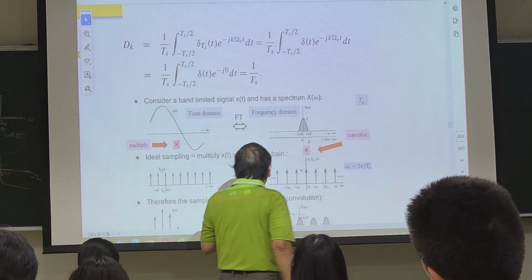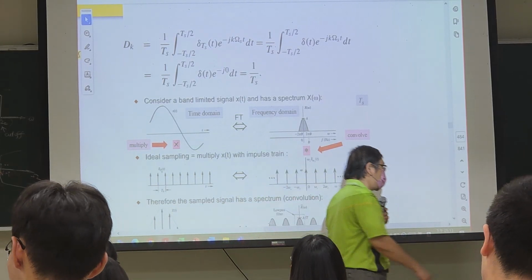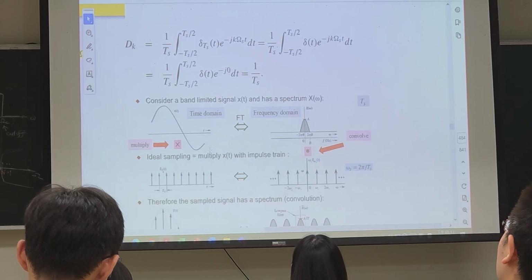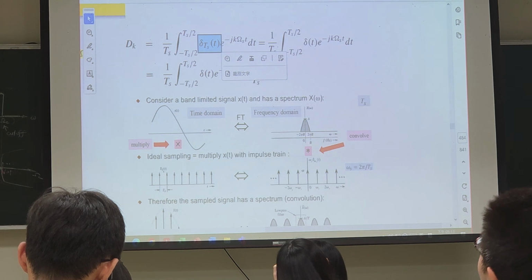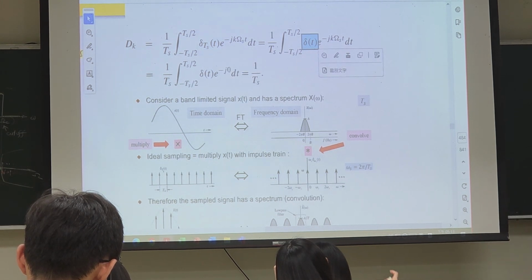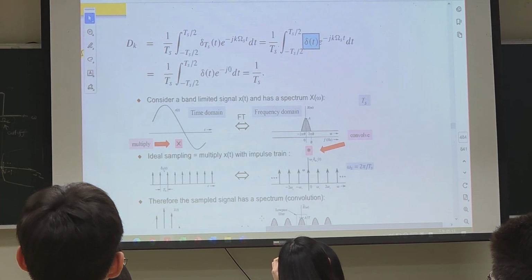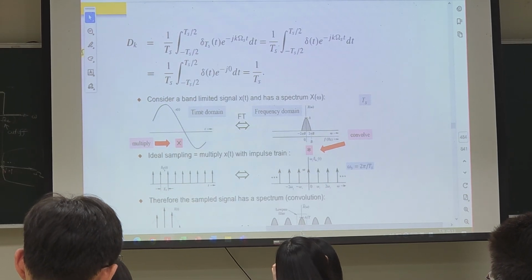Okay, so how do you find the coefficient? d k is simply an inner product of the delta function, the impulse strength. Okay, let me rewind a little bit.